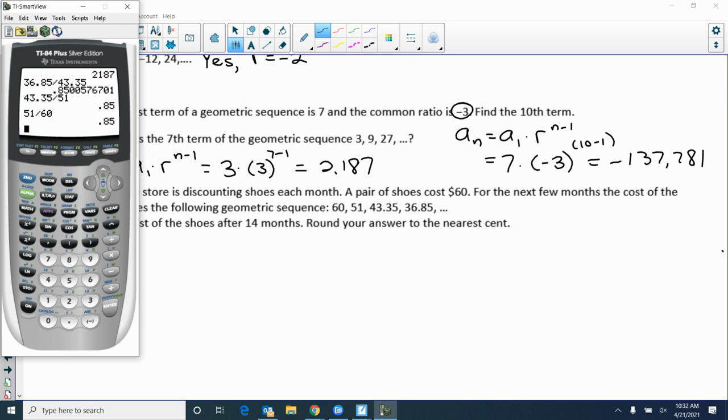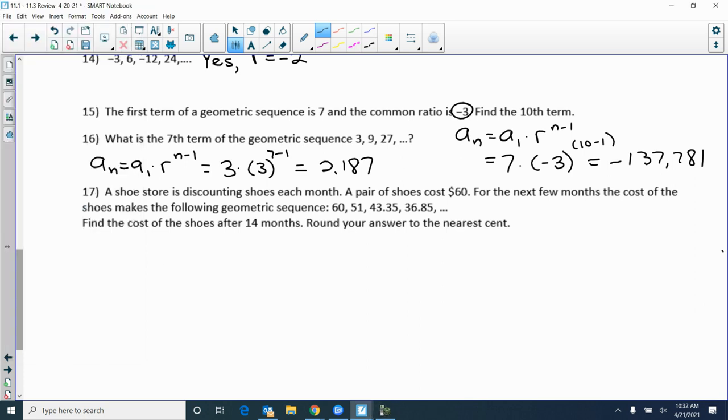Half-life of 15 minutes, find the amount left from 800 milligrams after 45 minutes. So how many half-lives have happened? 3. And what's the original amount? 800.